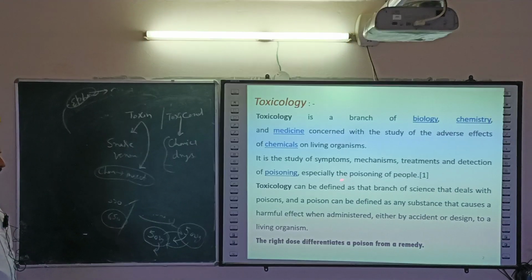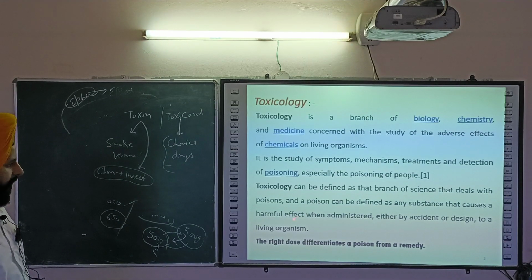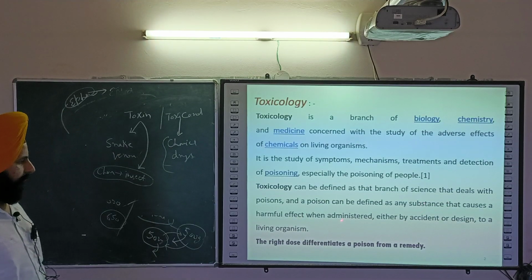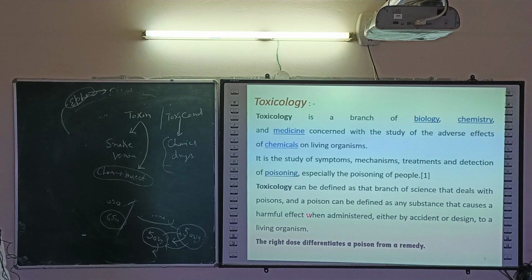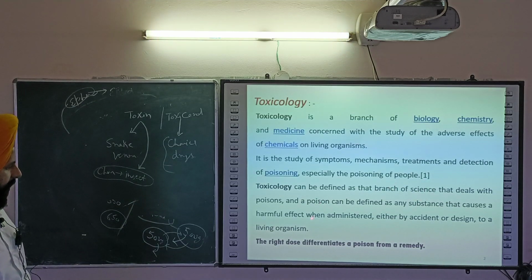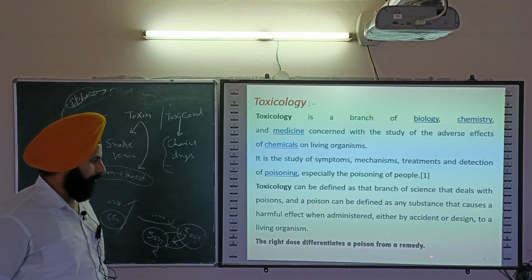Now see that this toxicology branch deals with all the types of substances which produce toxic or harmful effects in the body. So that's why there was a scientist called Paracelsus. He well said that the right dose differentiates a poison from a remedy.